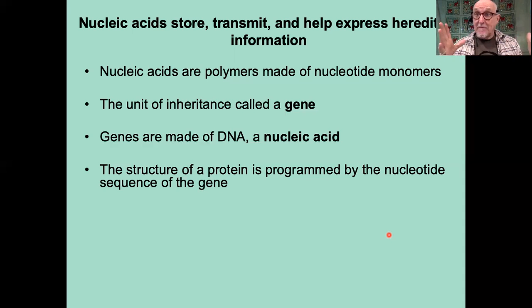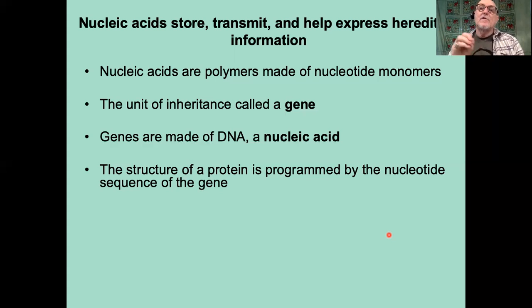And the nucleic acid that is going to be our main concern is DNA, deoxyribonucleic acid. And the deoxyribonucleic acid specifies the structure of a protein by the sequence of monomers. Each monomer is called a nucleotide.